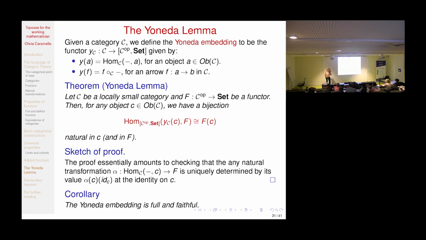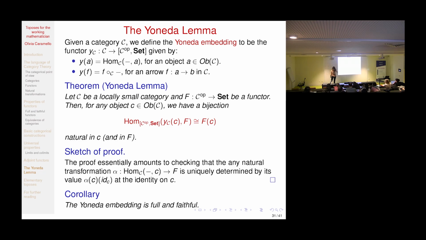So I can also go first here, and so this is alpha C of the identity on C, and then I go up here, and I get F of alpha C of 1C. And this should be equal.